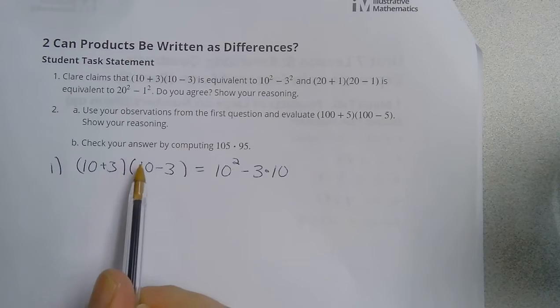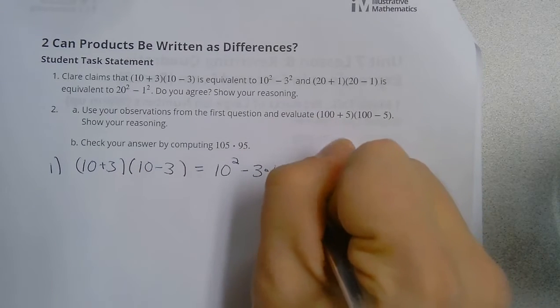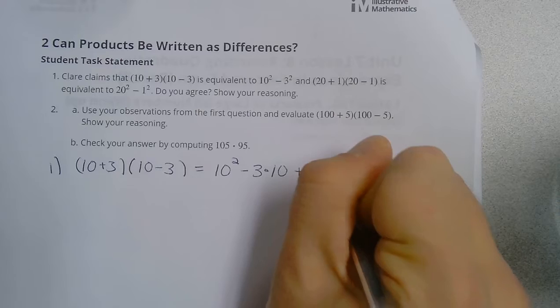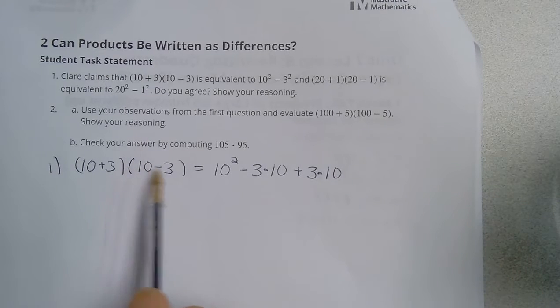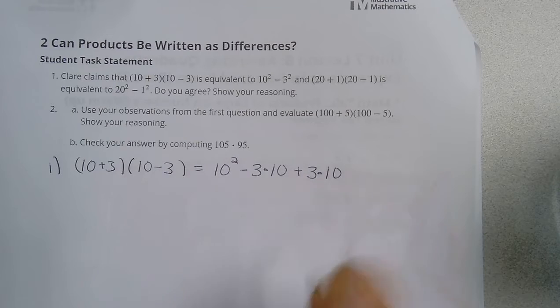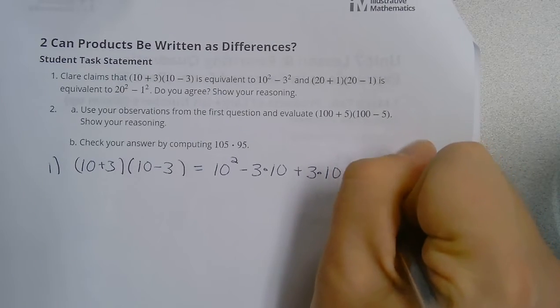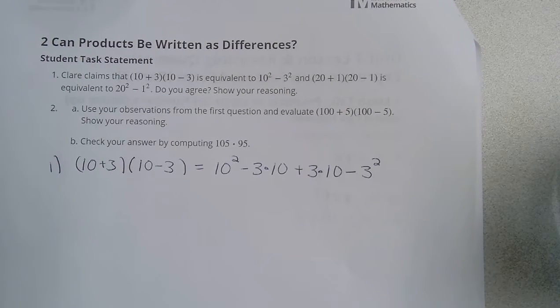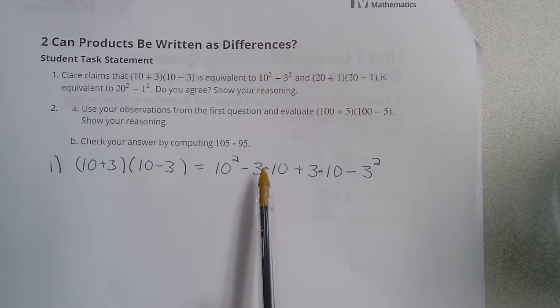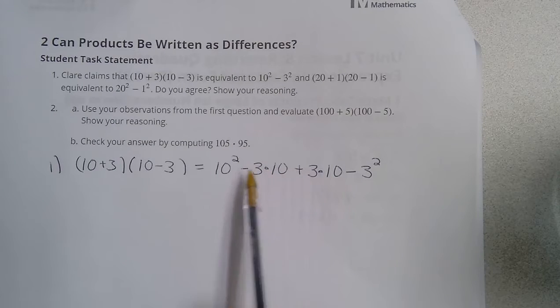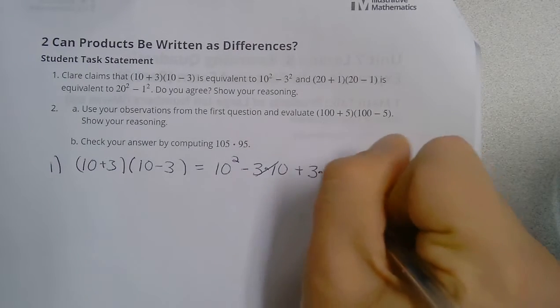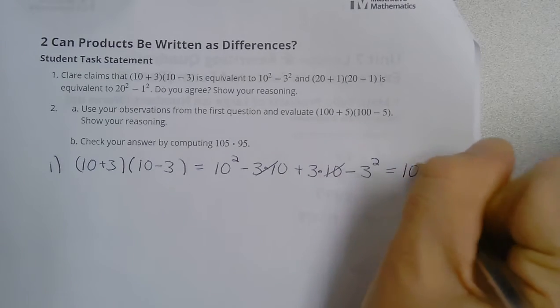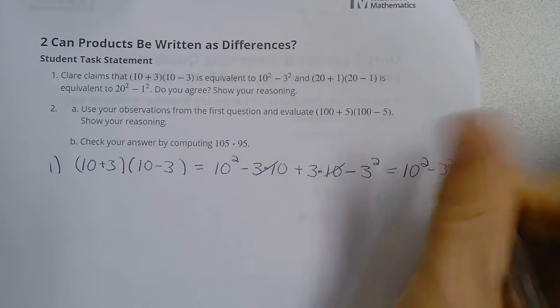And then plus 3 times 10. And then I'm going to subtract 3 times 3, so minus 3 squared. I notice I have adding 3 times 10 and subtracting 3 times 10, so those are going to cancel out. So that is going to give me 10 squared minus 3 squared.